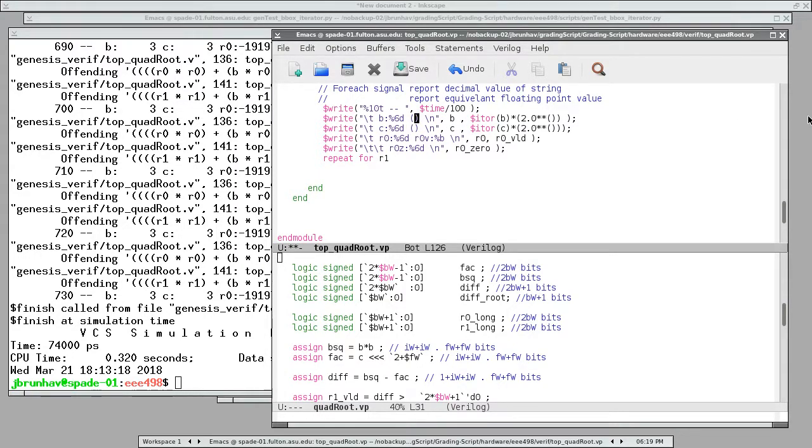I want the floating point value here, so Verilog. So it's been a long time since I've actually displayed a real. So hierarchical name, decimal format, binary, hexadecimal, ASCII. Real. Okay. I'm not seeing it in the list.